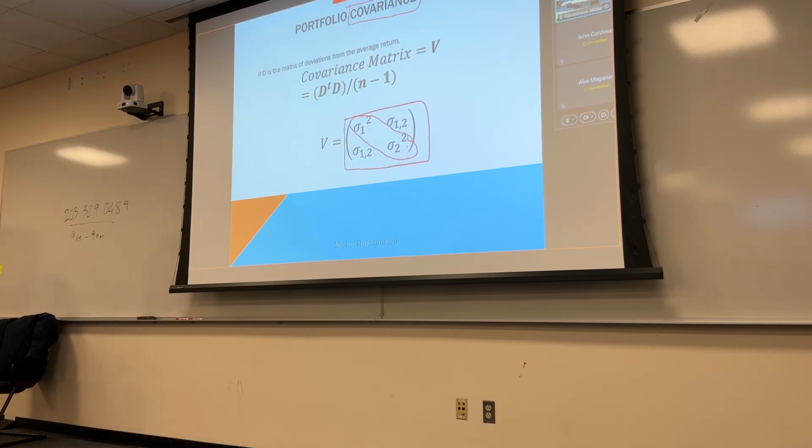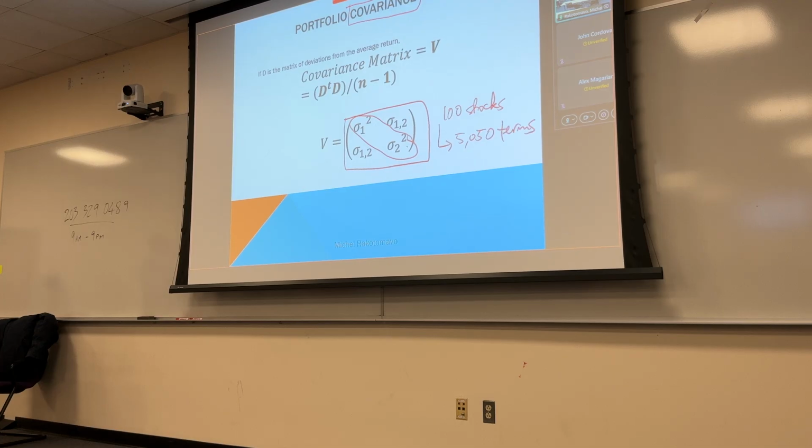And so, how do you estimate this matrix? When we were talking about, I think, 100 stocks, the idea is that this covariance matrix includes 5,050 distinct terms to be calculated.